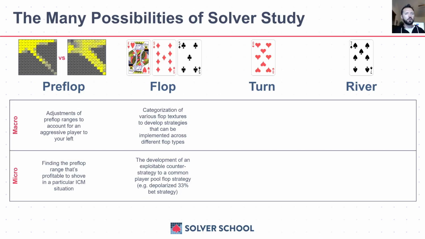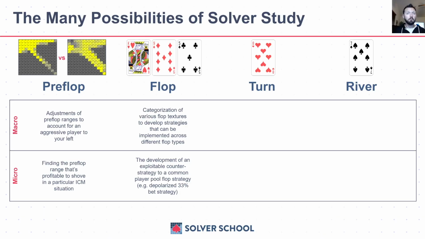Trying to develop a strategy for all 1,755 boards is going to be, quite frankly, impossible to do, especially when you start layering in the fact that we have a lot of different formations or ways in which we can reach those flops. Categorizing different flop textures into like groups of flops can help us simplify those strategies and get things down to a more manageable level that we can actually learn and remember and implement in game. And we can use solvers to help guide those analyses.